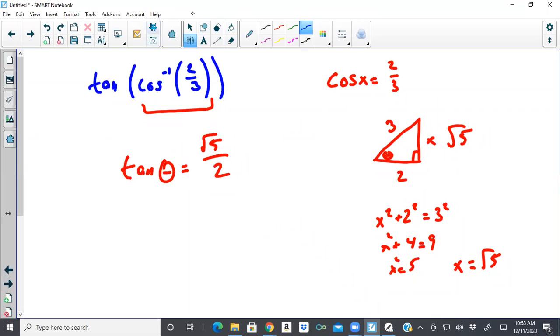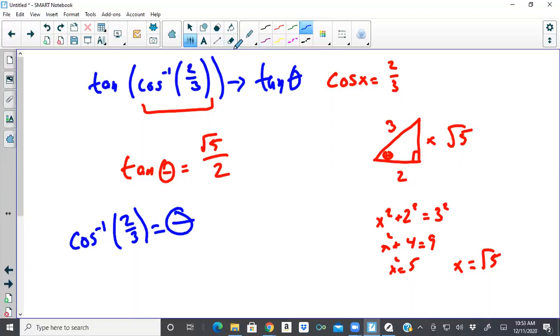So remember, if I do inverse cosine of 2/3, that is the way that we solve for an angle, right? If I have an inverse value, that inverse is how we actually solve for an angle. So basically here, this is just a really fancy way of them saying tangent of some angle, and I'm using the cosine value to come up with what that angle actually is.